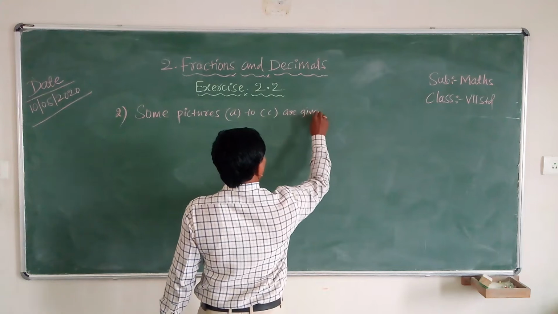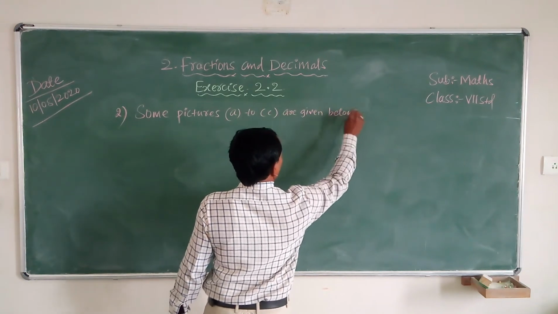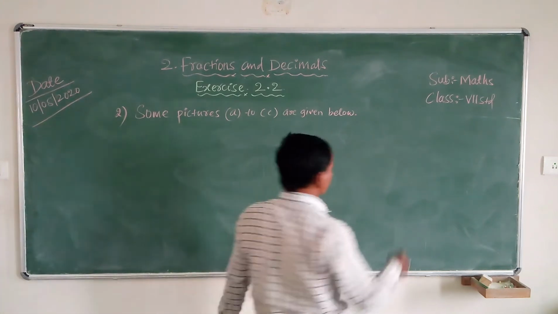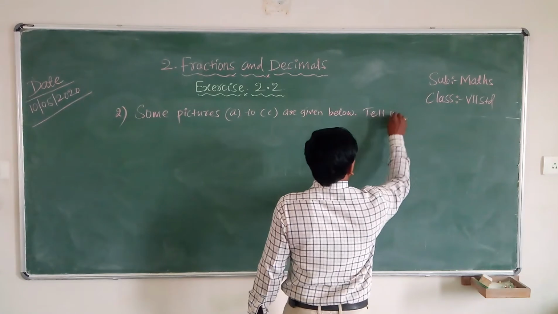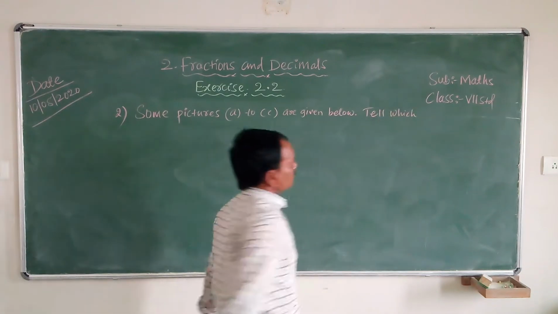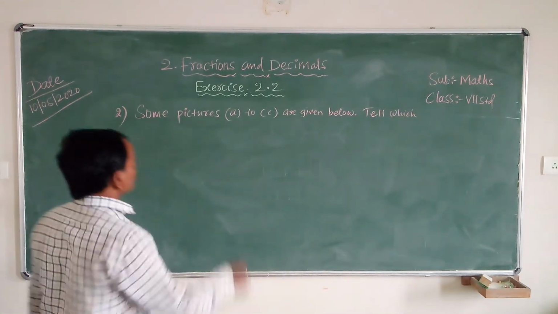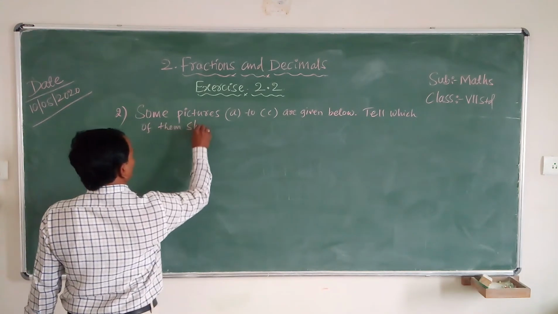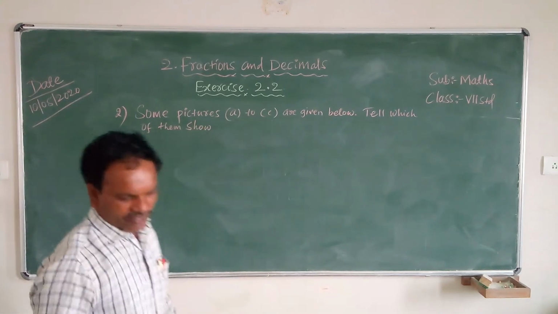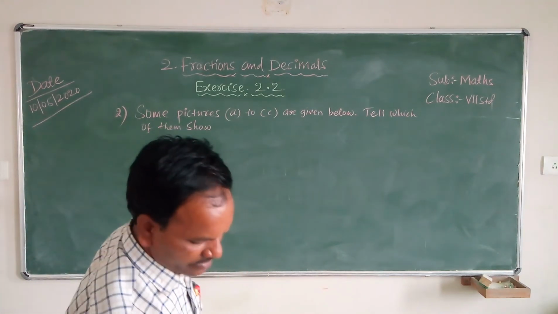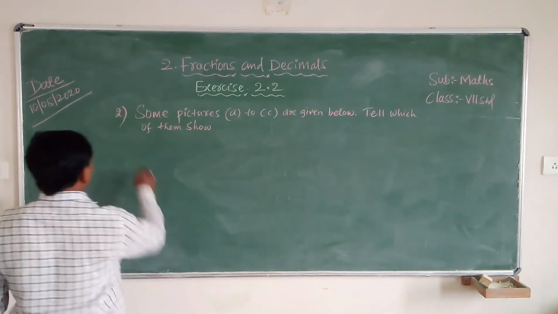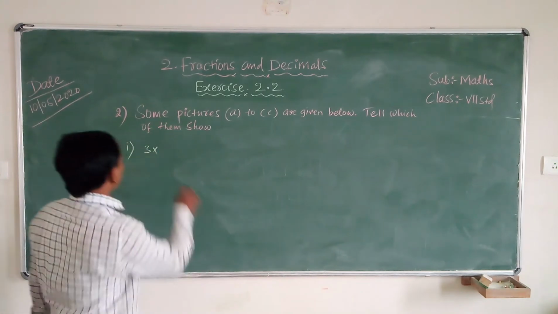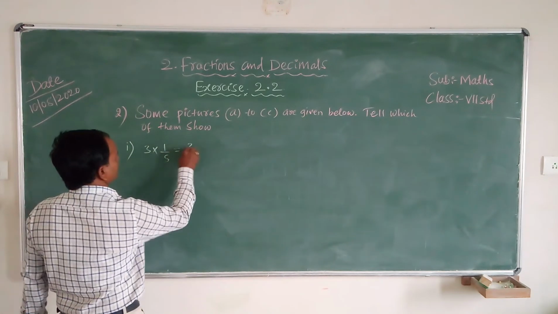Tell which of them show. So A to C figures are there. First you see the figures. First one, 3 into 1 by 5. 3 into 1 by 5 is equal to 3 by 5.